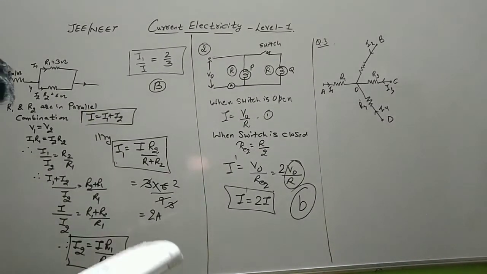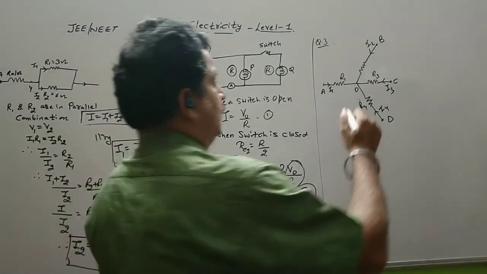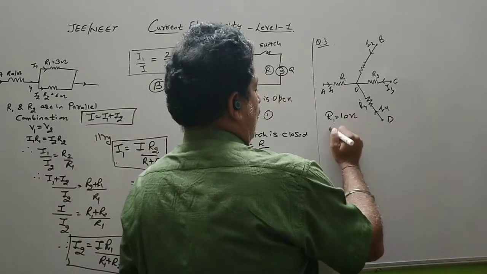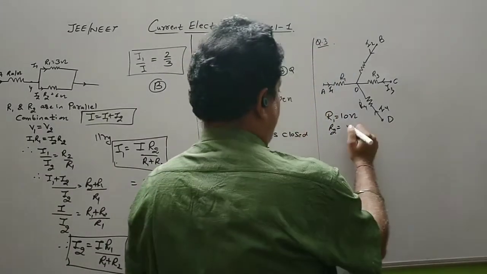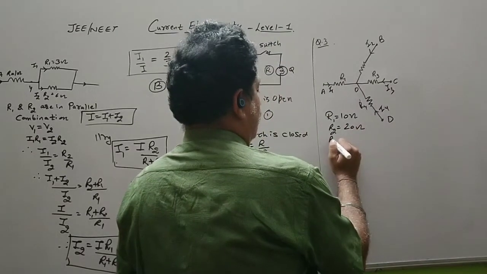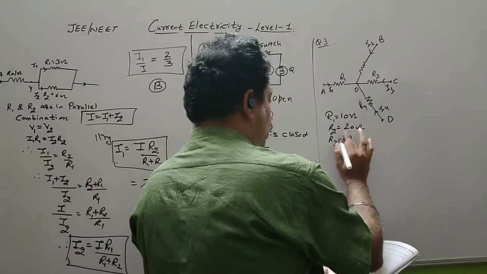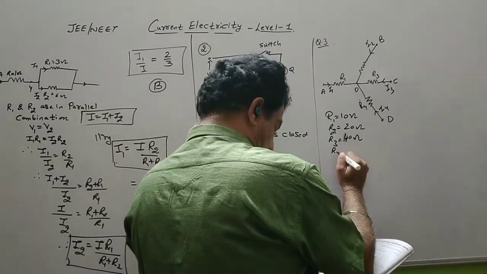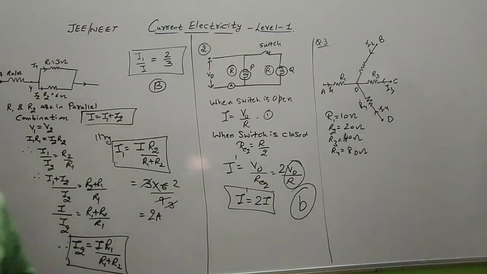So all the values are given. R1 is equal to 10 ohms. R2 value is also given, that is 20 ohms. R3 value is equal to 40 ohms. Then R4 is equal to 80 ohms. So these four resistances are given.